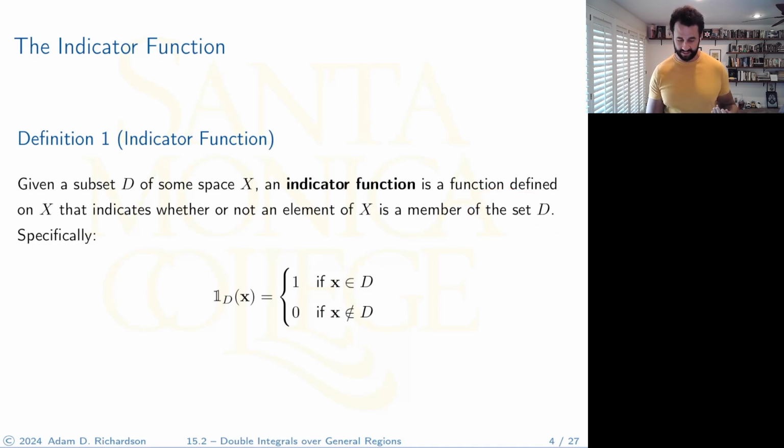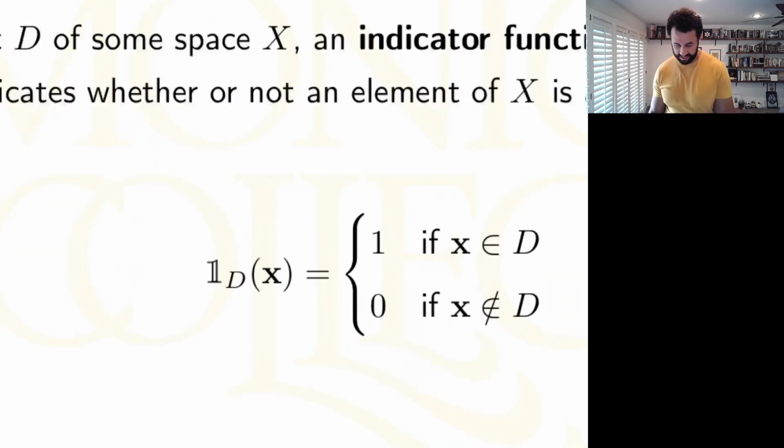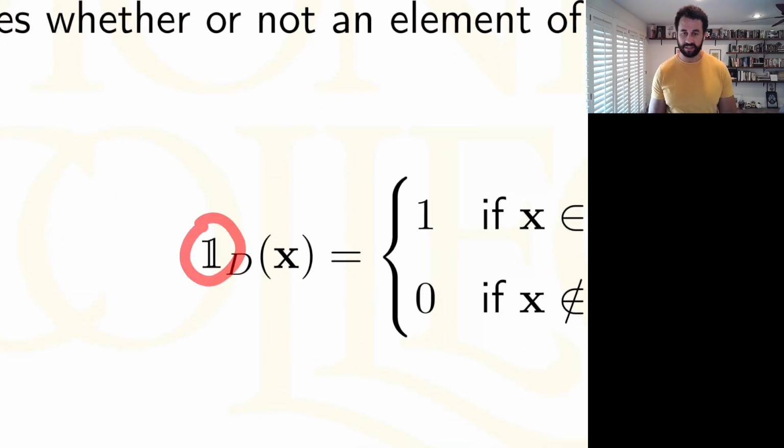And here's how it does this. The indicator function spits out the number 1 if your point is in the set D, or it spits out 0 if your point is not in the set D. That's it. That's how it indicates if you are in the set or not. This is the notation we typically use for the indicator function. It's like a fancy 1.